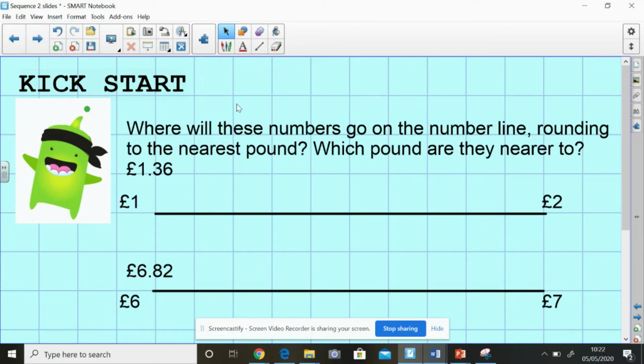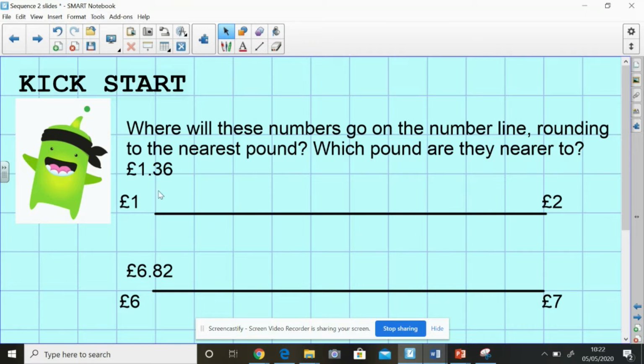Okay, now we're going to think about estimating where these numbers are going to go on our number line. We did this a little bit with decimals, so hopefully it'll come back to you quite quickly. So we're going to look at £1 and 36 pence and £6 and 82 pence and work out whereabouts they're going to go on our number line.